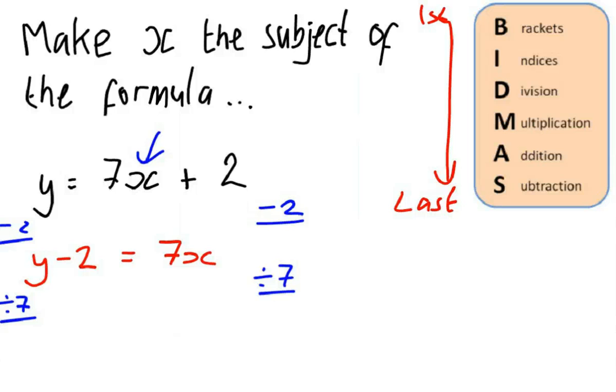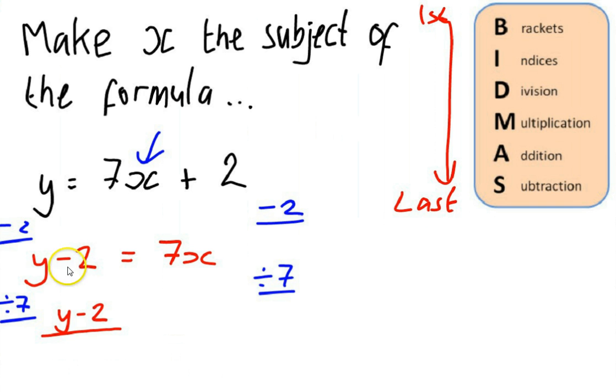So if I divide both sides by 7, now this is the important bit here. y take away 2 is what we had on the left hand side. Now we have to divide both sides by 7. So it's not just y divided by 7 take away 2. We have to do the division sign under everything that is so far on the left hand side of the equation.